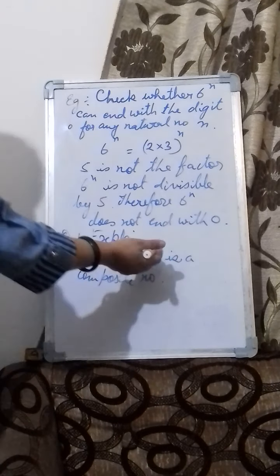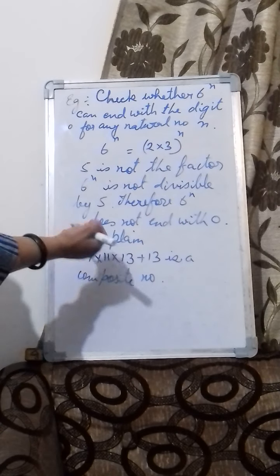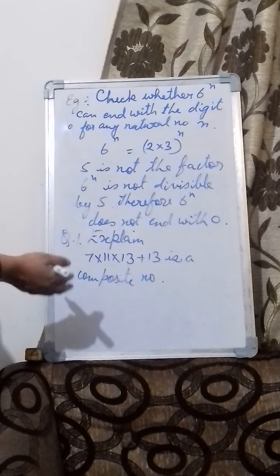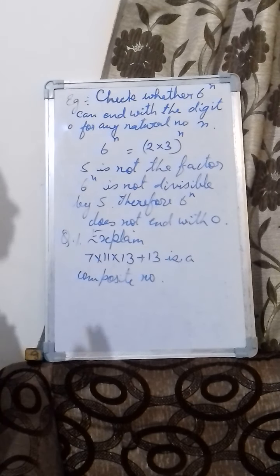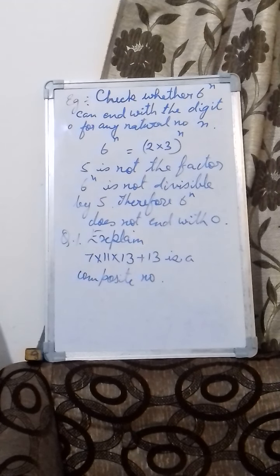In this you can see 13 is common in both, then you can take out 13 as common and then you will solve it. You will get the factors. If you are getting more than 2 factors, that means it is a composite number.